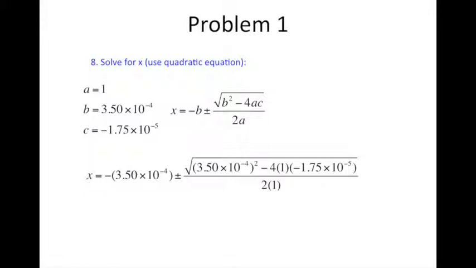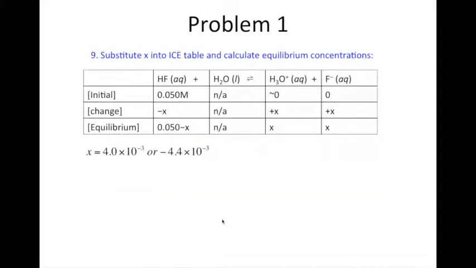So here you can see I've set up my quadratic, plugged values in. Solving it, I get my two values for x. Only one of those can be correct. We can see that x is a concentration. x is the concentration of fluoride and hydronium at equilibrium, and we cannot have a negative concentration. So the negative value cannot be correct.